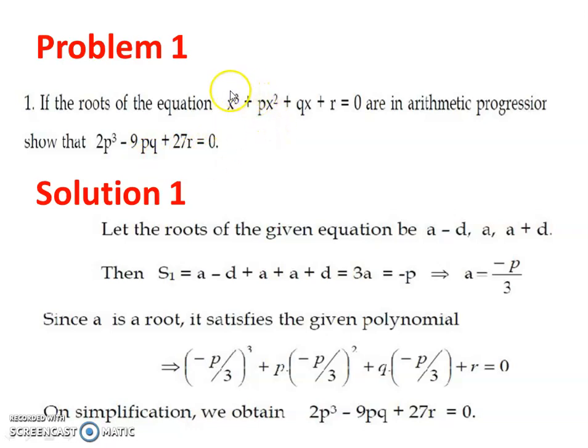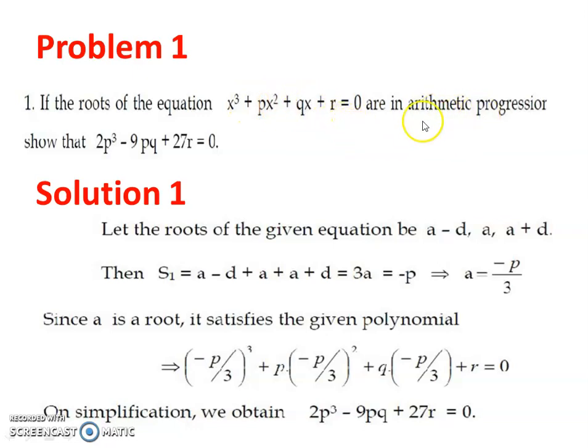Here the coefficients of the given polynomial equation are 1, p, q and r. And also it is given that their roots are in the arithmetic progression. Normally this polynomial equation is a third degree polynomial equation. Therefore there exist three roots.